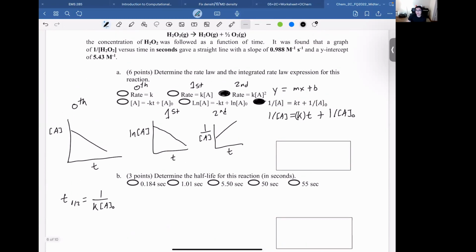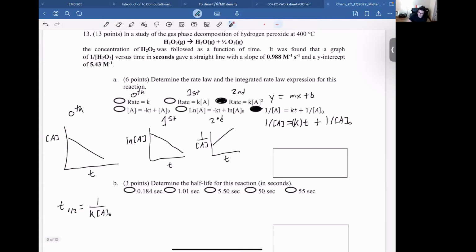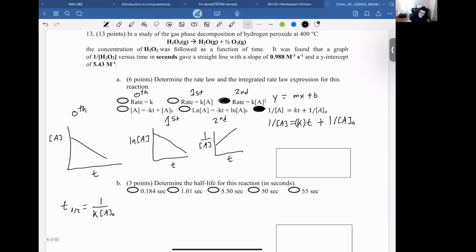Now, why does this help? Because they give you what the slope is. You know your slope is k from this equation. This is k. Then they also tell you what the y-intercept is. So this is b, your y-intercept from y equals mx plus b. So 1 over A naught is 5.43 inverse molar.